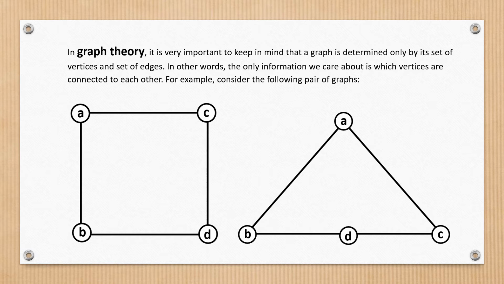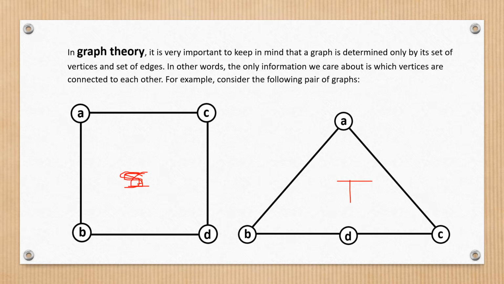In geometry, we will identify this figure as a square and this figure as a triangle. But in graph theory, both graphs are the same, as long as the connections between the vertices are the same.